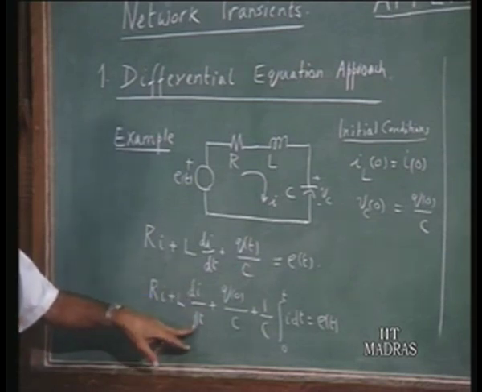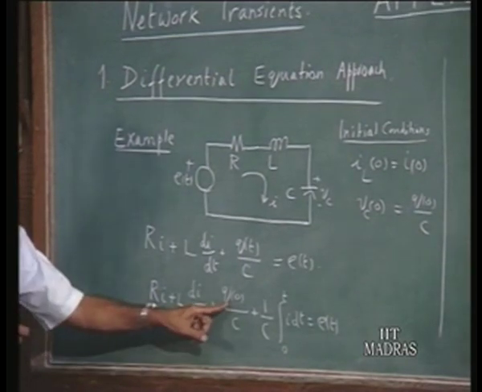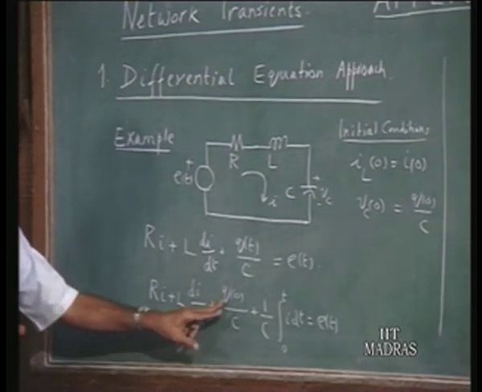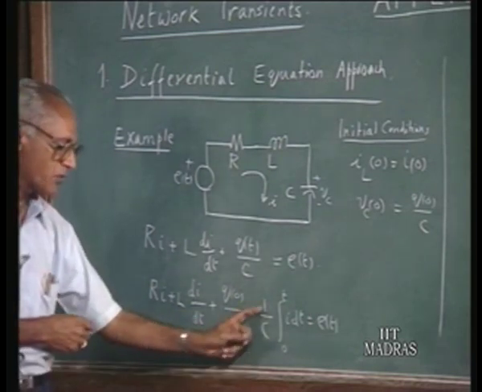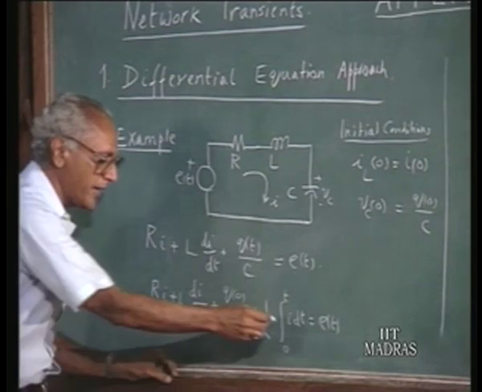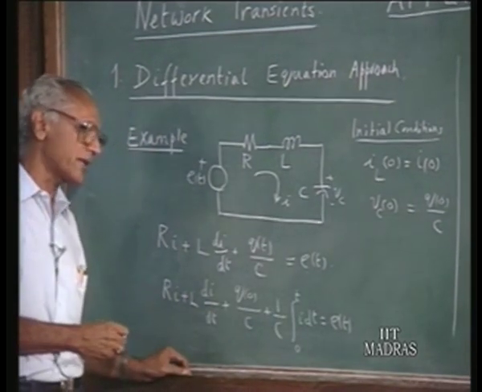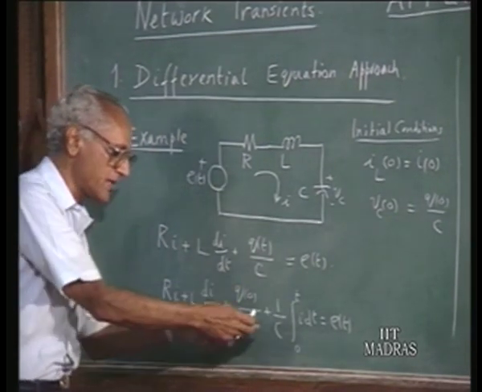The Laplace transform of di by dt is S I of S minus I0. Laplace transform of Q0 by C is a constant, therefore this is Q0 over Cs. And the Laplace transform of this 1 over C, integral 0 to t I dt has a Laplace transform I of S over S. So this is 1 over Cs times I of S.